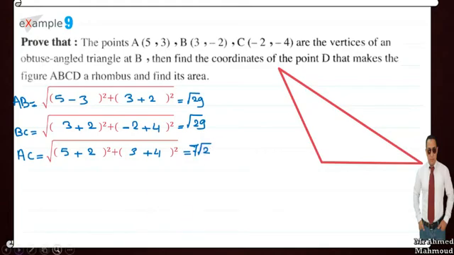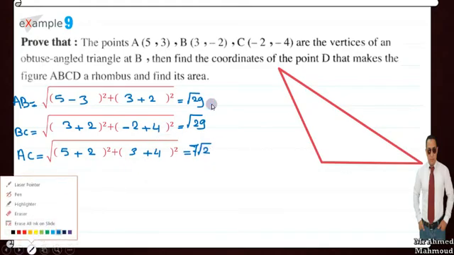Okay, now I'm going to square the three sides as usual.